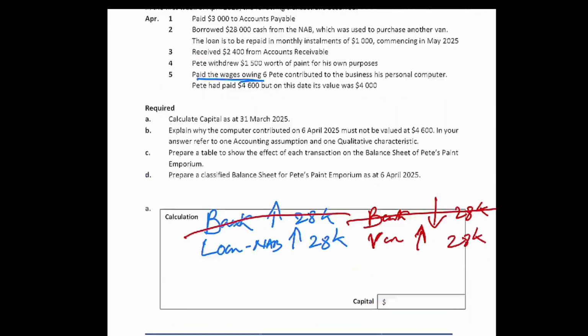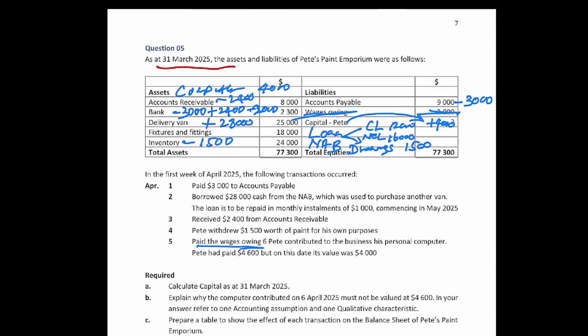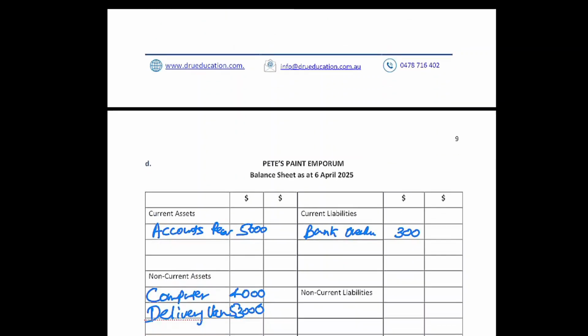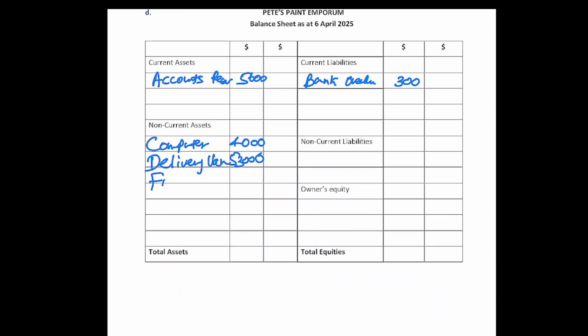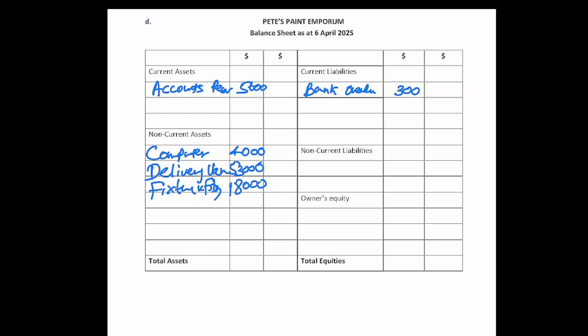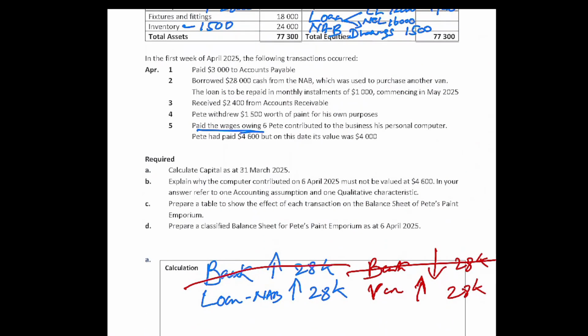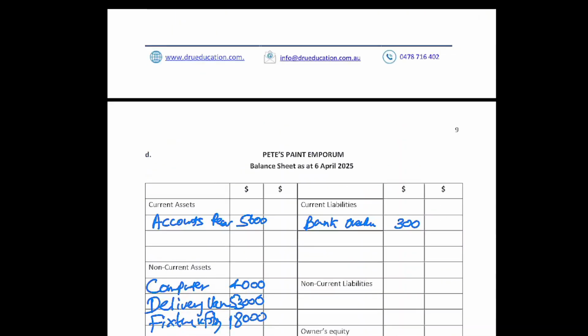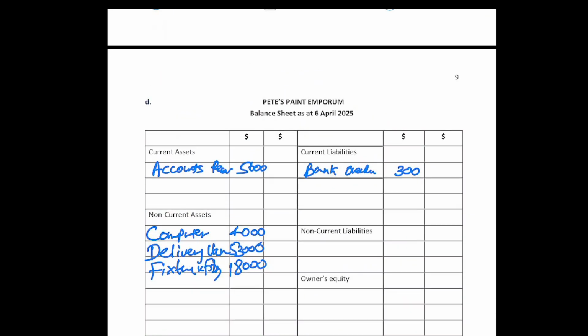Okay, what is next one? Fixtures fitting, no change, $18,000, same thing. Inventory, how much?